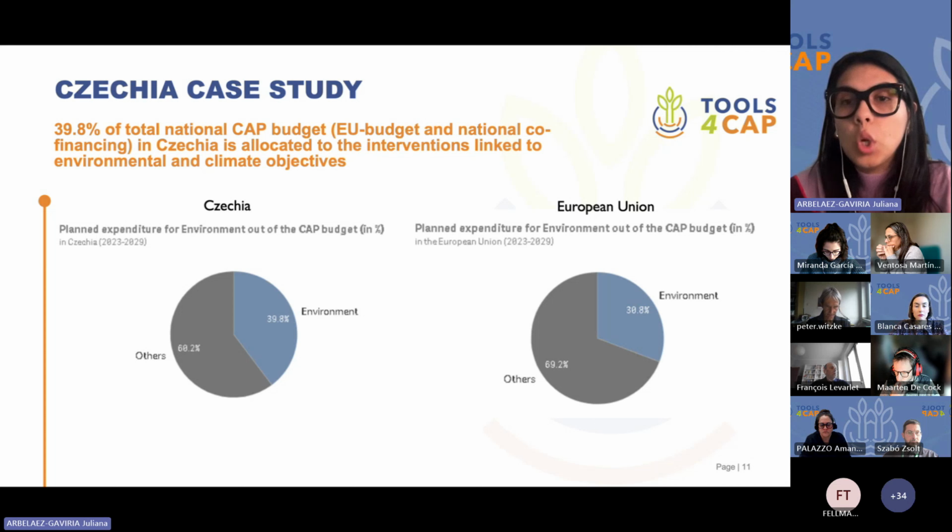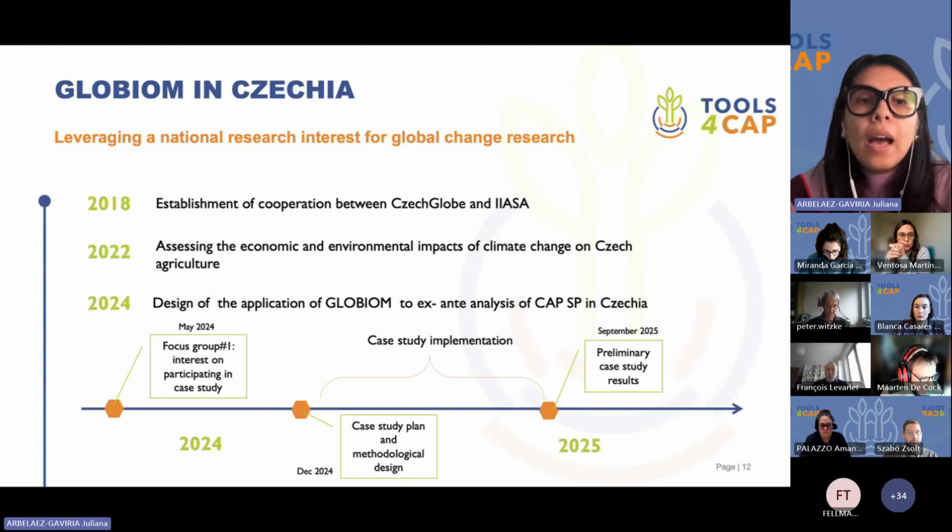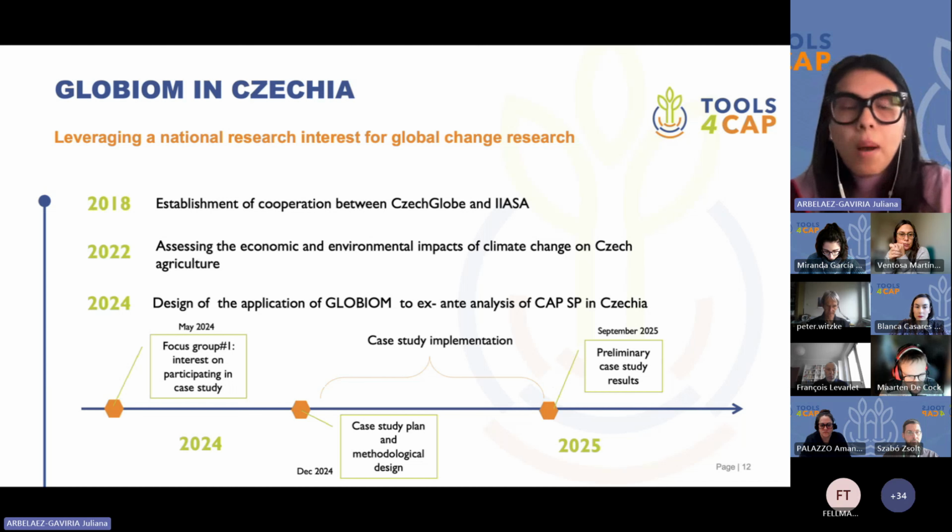But I just wanted to showcase that the climate and environmental objectives in the CAPRI strategic plans are indeed taking an important space in the policy, and they are relevant for the majority of the member states. Which is also the case of the Czech Republic.